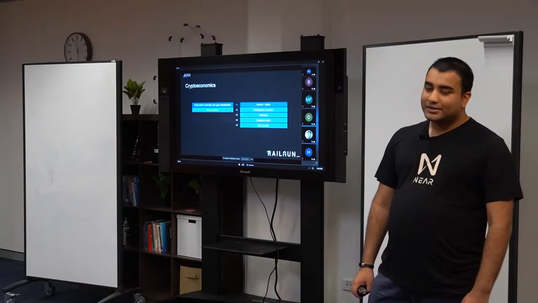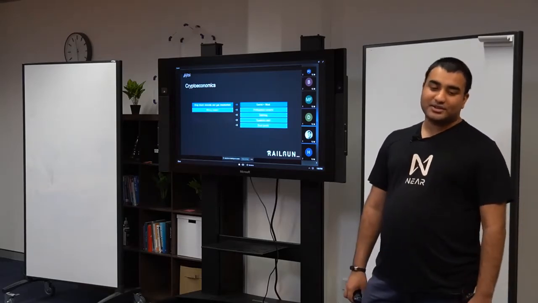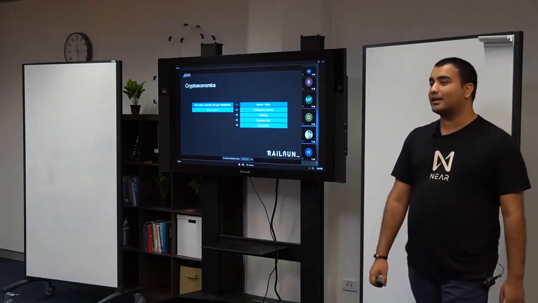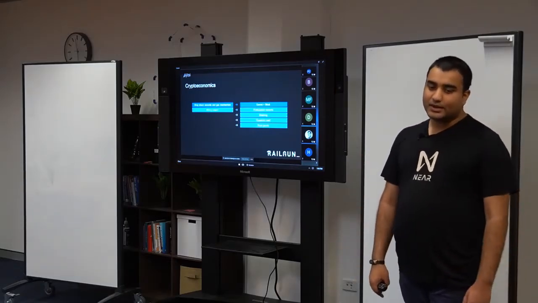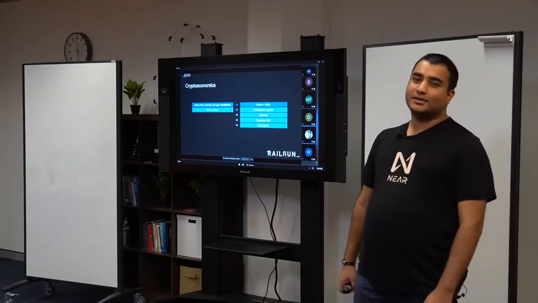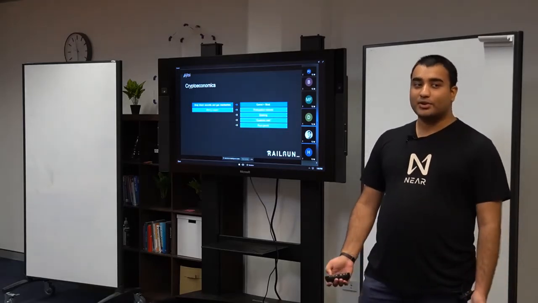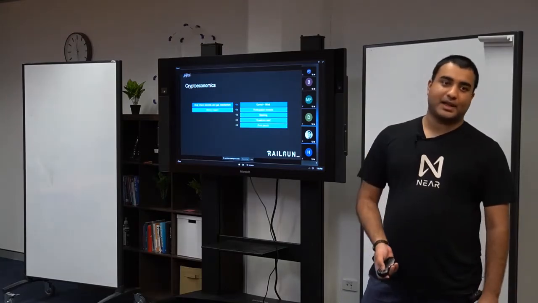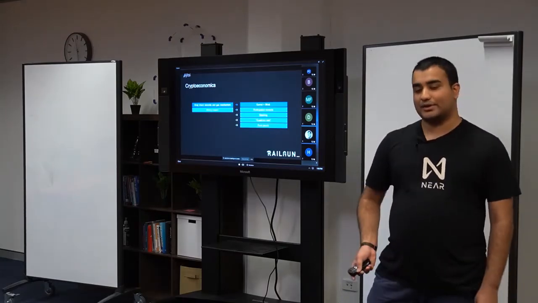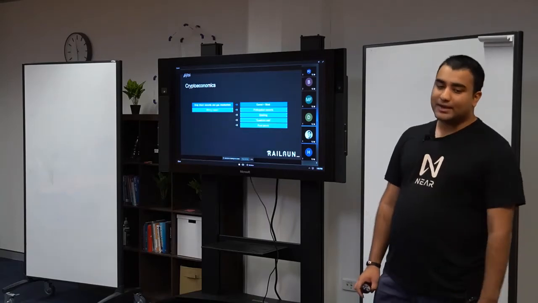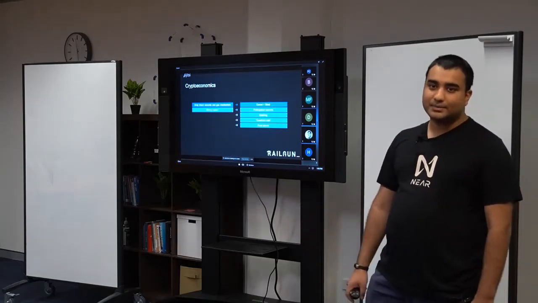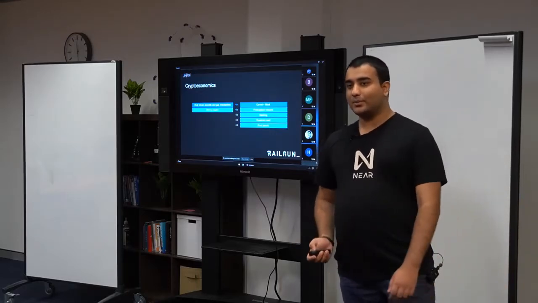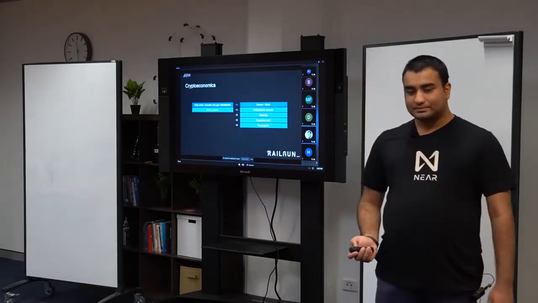There we go. So crypto economics. There's a fair amount of changes here to make proof of stake work. Right now, if you mine a block, you get the block reward for mining the block, and you also get the transaction fees paid by all of the transactions included in that block. So that's purely a reward mechanism. In ETH 2.0, with the move to proof of stake, we have more of a carrot and stick approach.